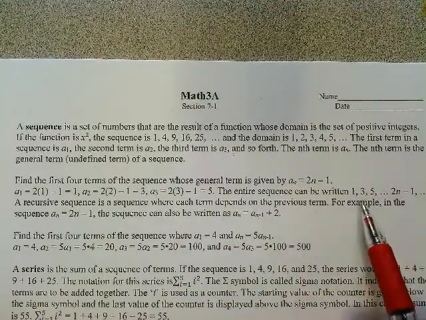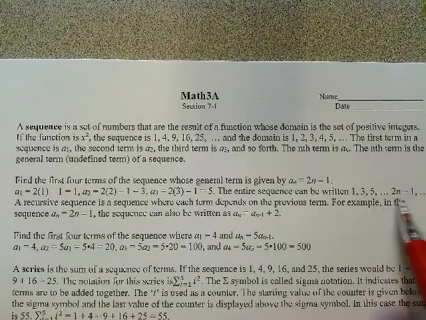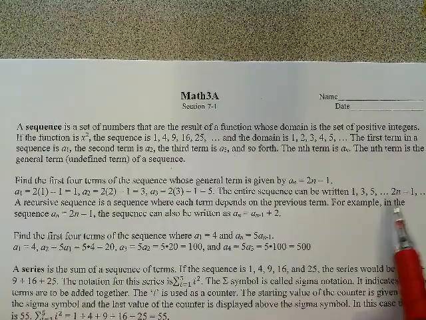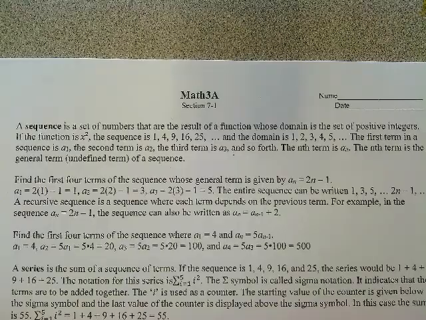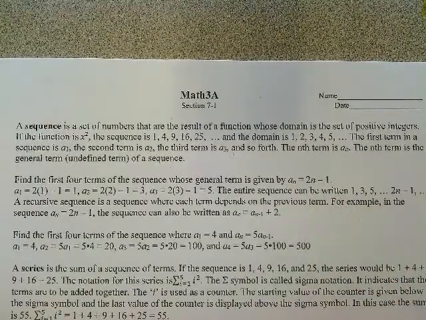And so we would start to get 1, 3, 5, and then 2n minus 1 would be some undefined term in the sequence. And so that's how you can find the terms in a sequence based on a general term.